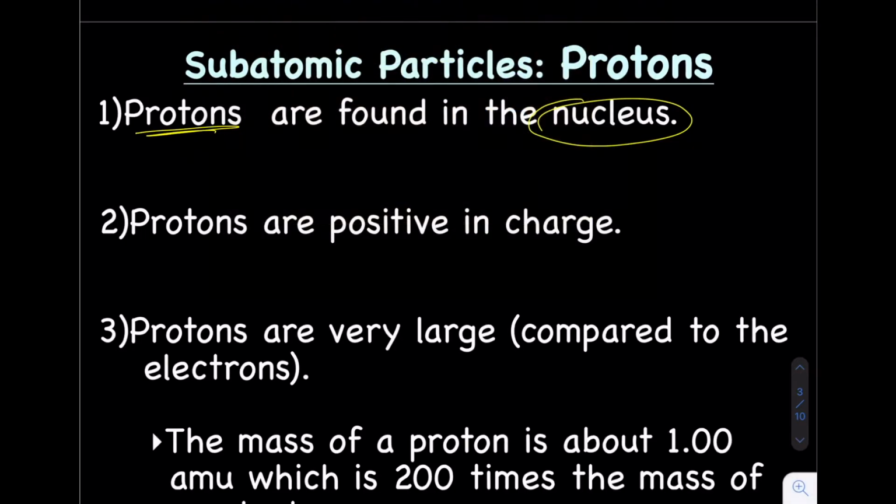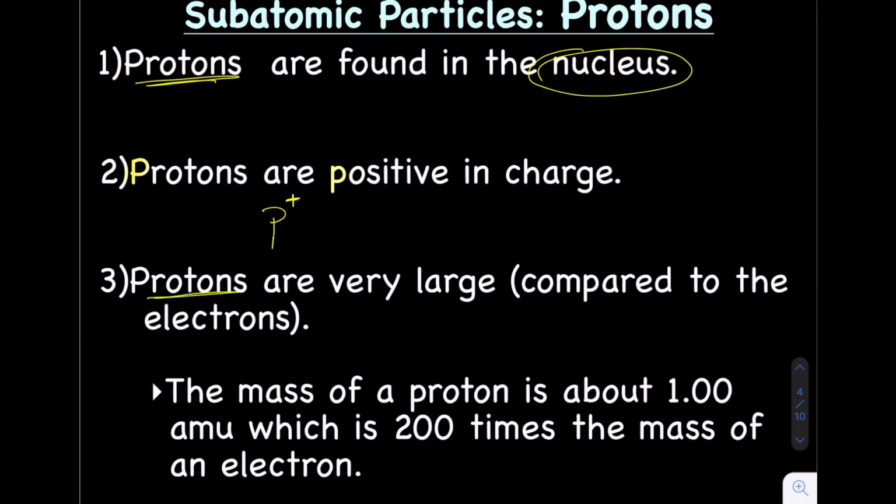Protons are positive. So we often don't write out the whole word protons. We'll symbolize it by a P for protons, and then a superscript of a plus for positive.